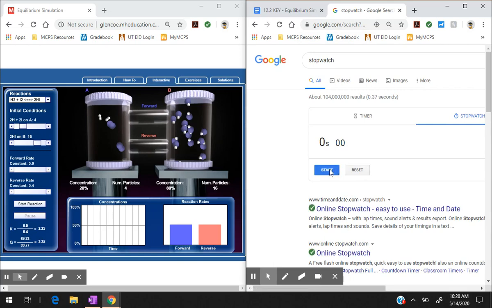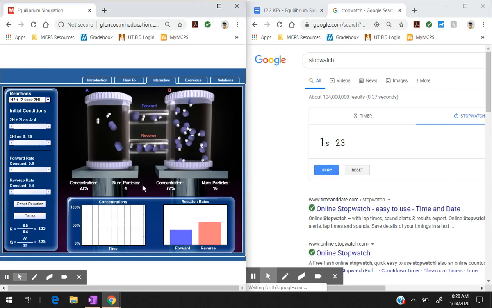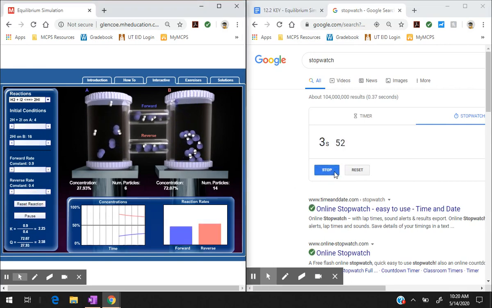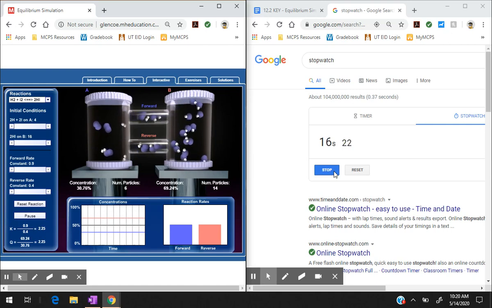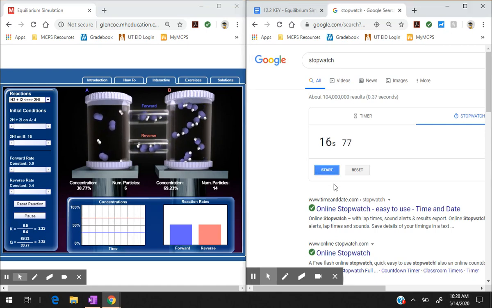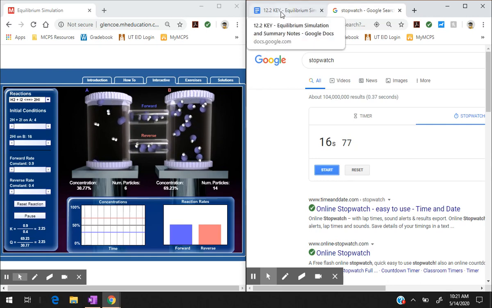So we'll go start, start. And I see things have started to stop and flatten out, and we're at equilibrium. So this took about 16 seconds in total.